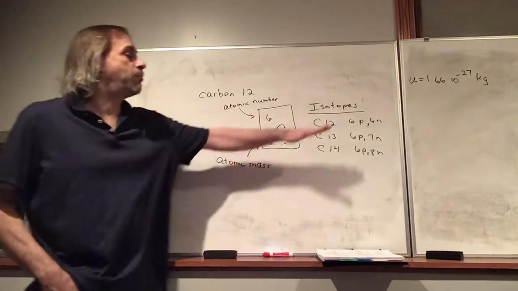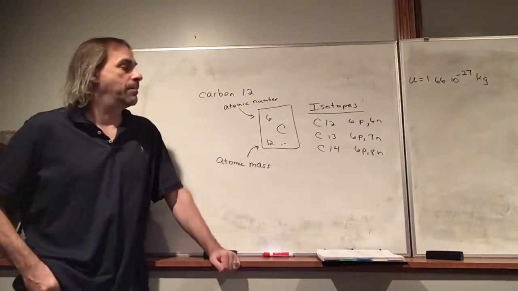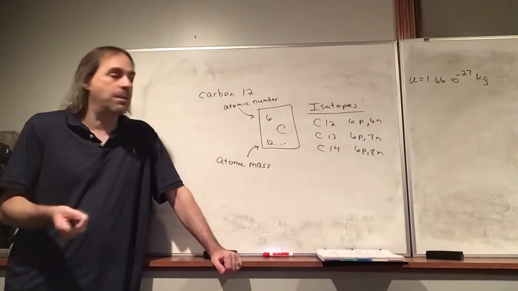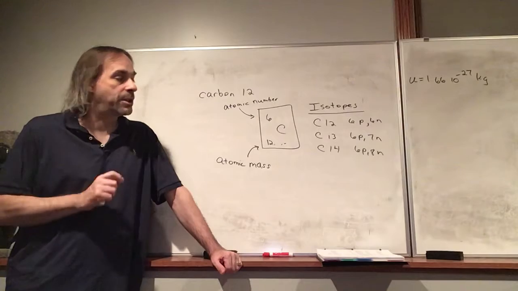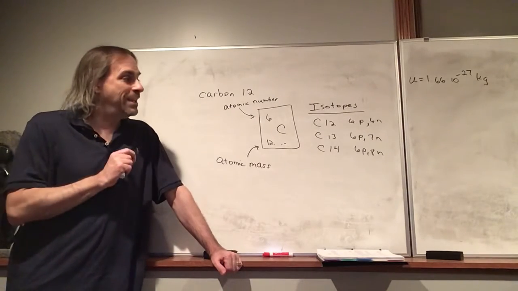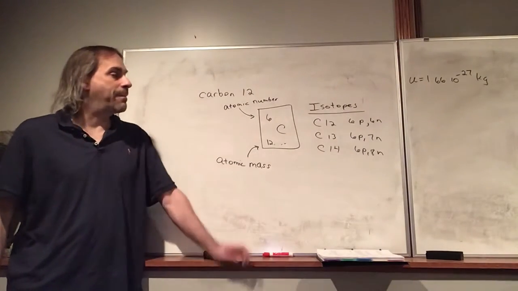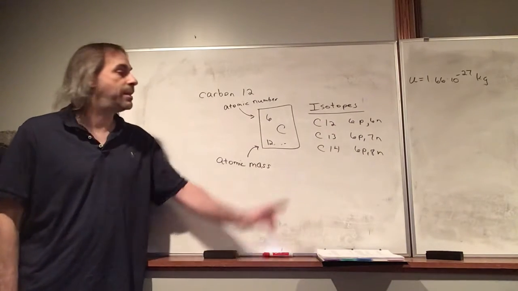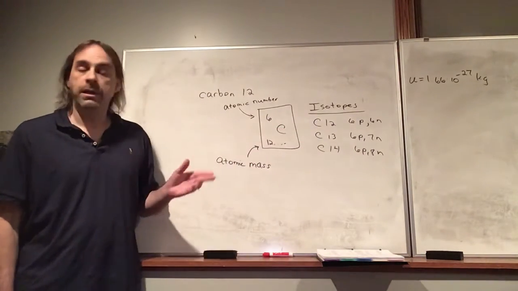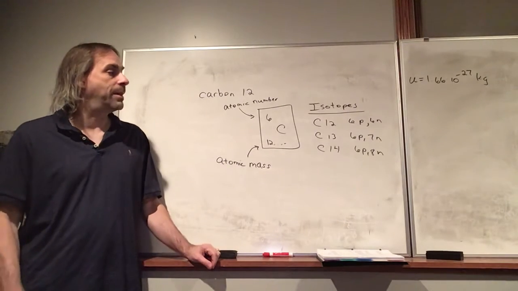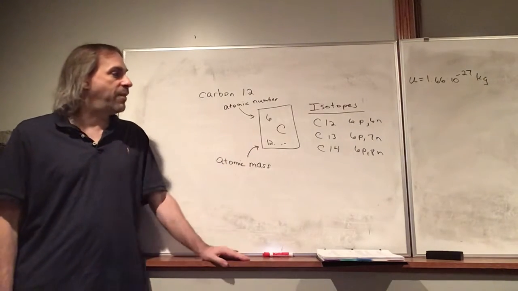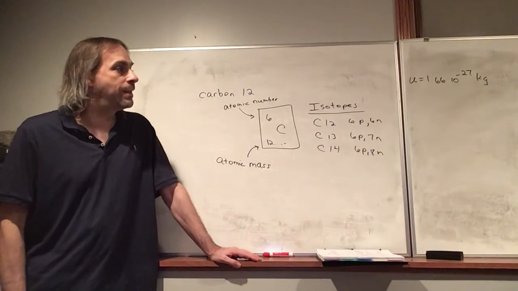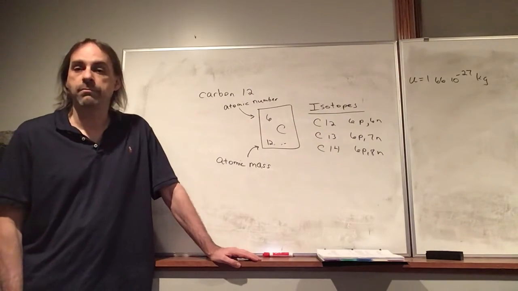But we have to take this particular isotope of carbon, carbon-12, an atom with 6 protons and 6 neutrons. And by definition, the atomic mass would be 12 atomic mass units. So the atomic mass of this atom is by definition 12 atomic mass units. And then we can find out just by measurement what an atomic mass unit is.